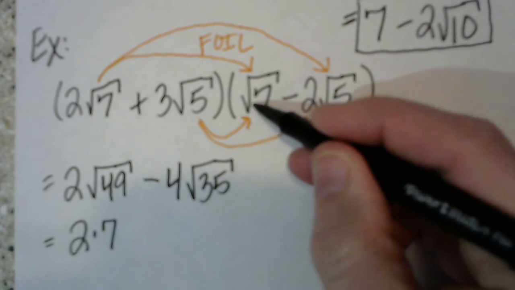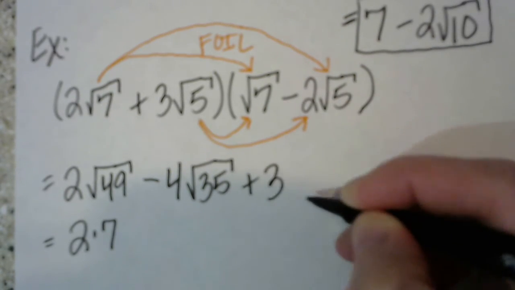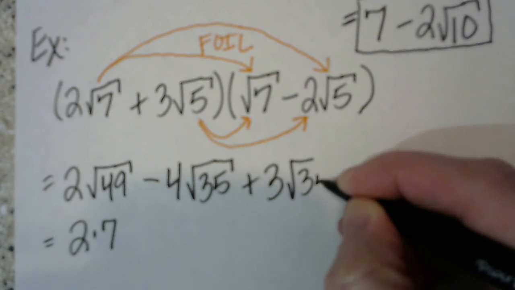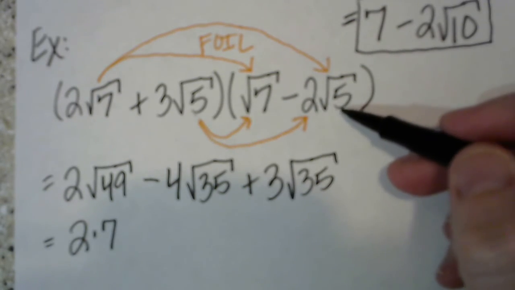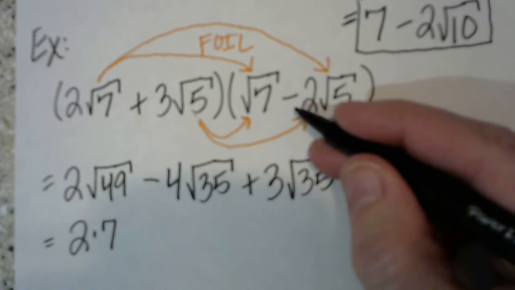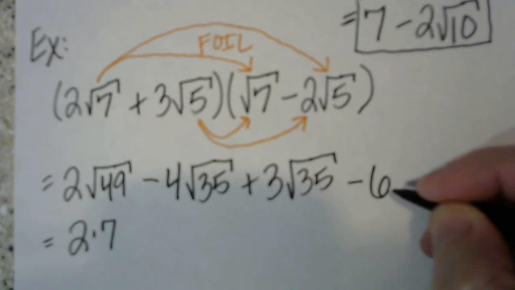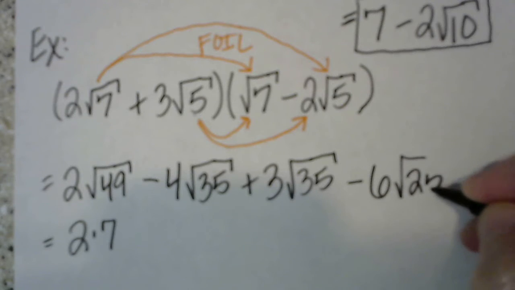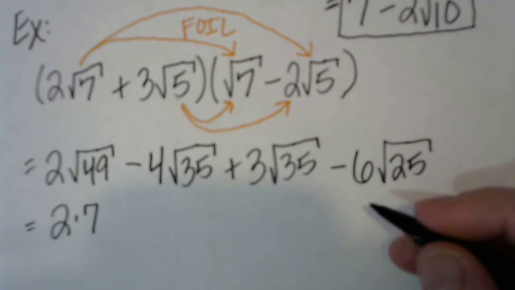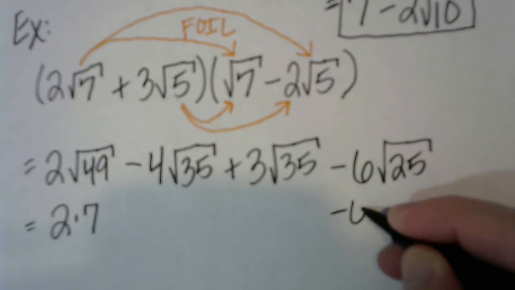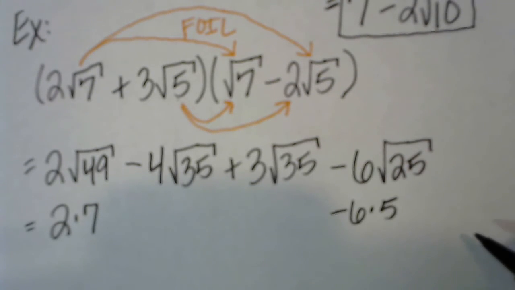Inner. So that's going to be plus 3 square root of 35. And then last. 3 times negative 2 is negative 6 square root 25. Well, I know that that's going to be the same as negative 6 times 5, right?